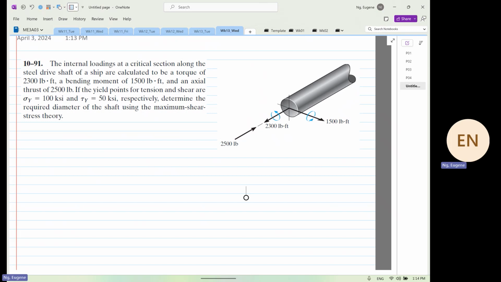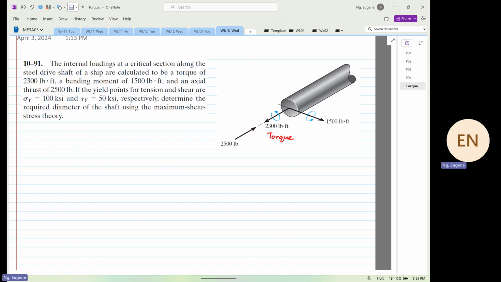So this question is very kind. It says that this is the torque. But if this was not given, can you realize that this is a torque? How do you know it's a torque and not a bending moment? Remember what I taught you? When the torque is applied, the centroid did not deform at all.